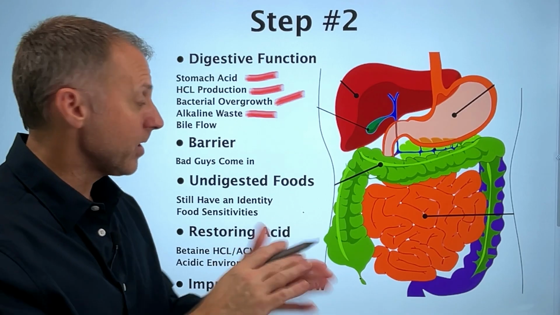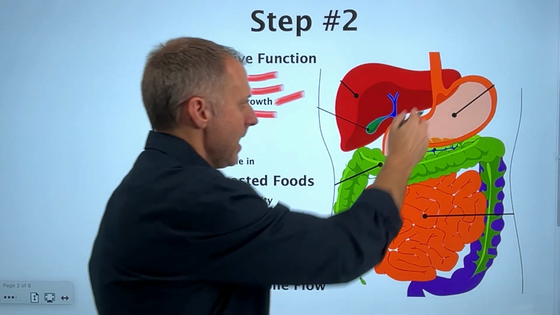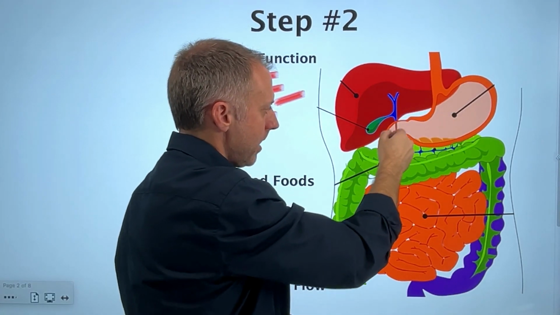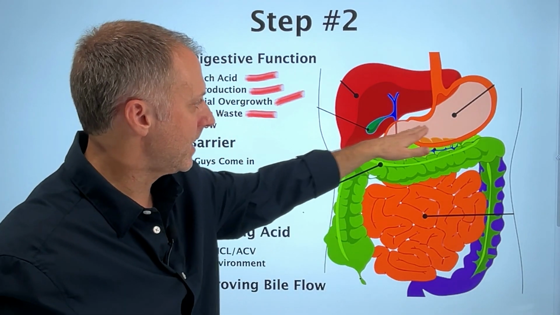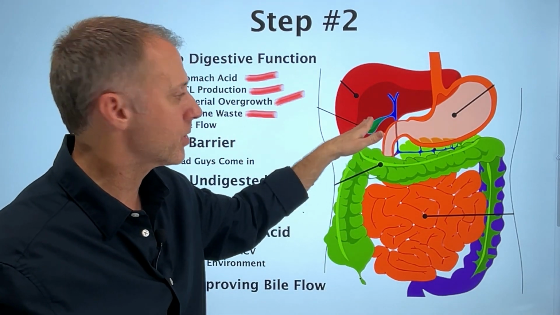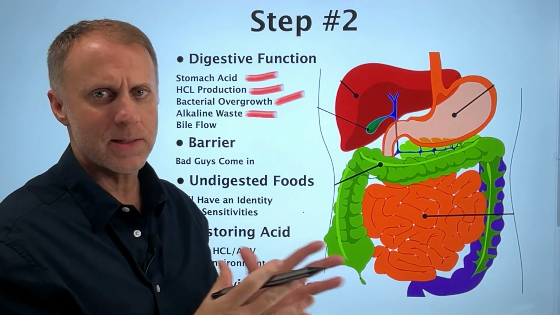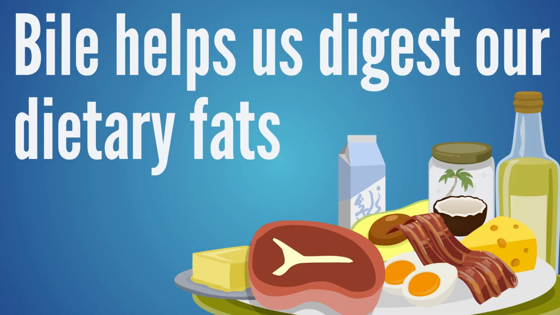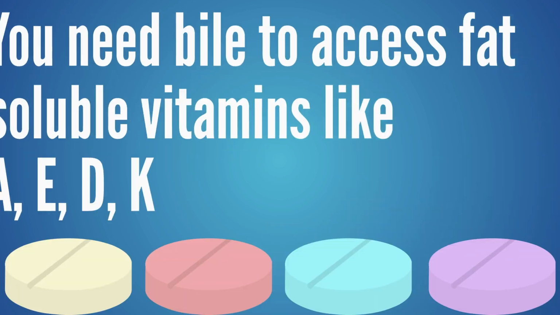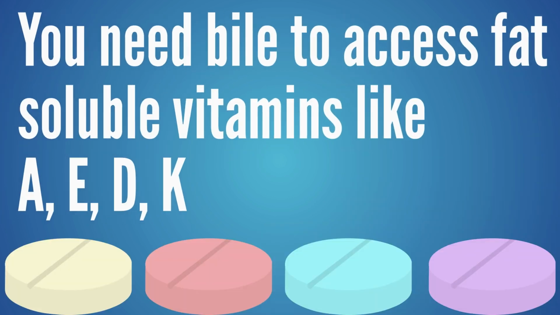Now the other part of the digestive process is once this food is acidified, it comes down here into the duodenum, and that acidic product entering the duodenum triggers the gallbladder to squirt this alkaline bile down. And bile is this soapy substance that helps us digest our dietary fats so that we can access fat-soluble vitamins like A, E, D, and K. Those are kind of important things.